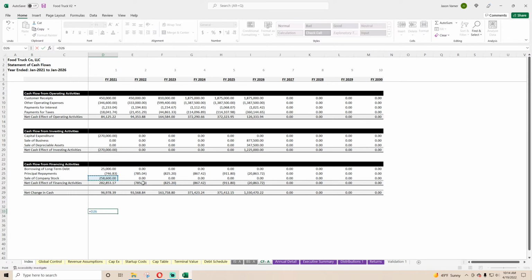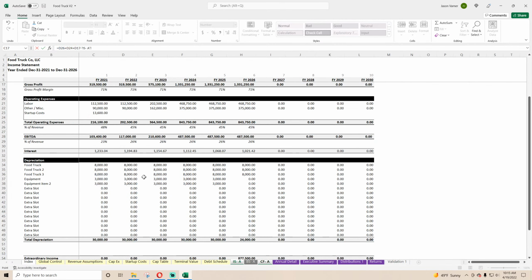So the amount you're raising is actually plus the debt plus this plus, what does that give us? Minus the startup cost.